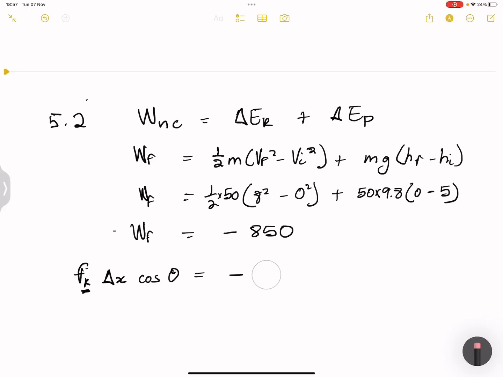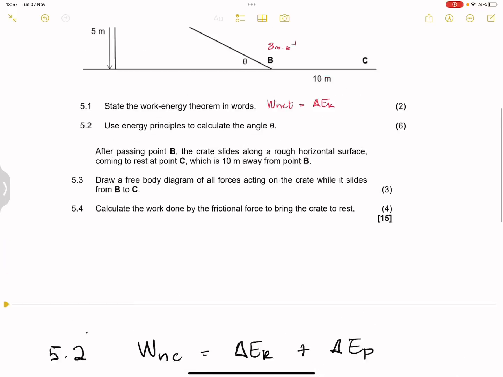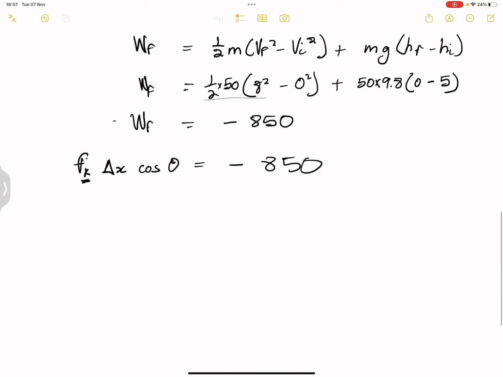So this would be minus 850. We're given a frictional force. They said to us that's 72 newtons. So when I substitute here, I don't need to put in the sign. So this is multiplied by delta x, the cos of 180. This is minus 850.